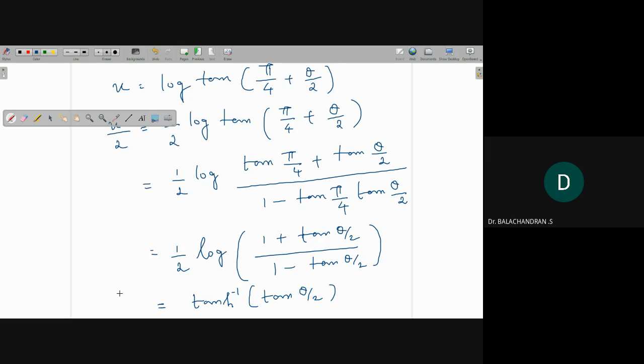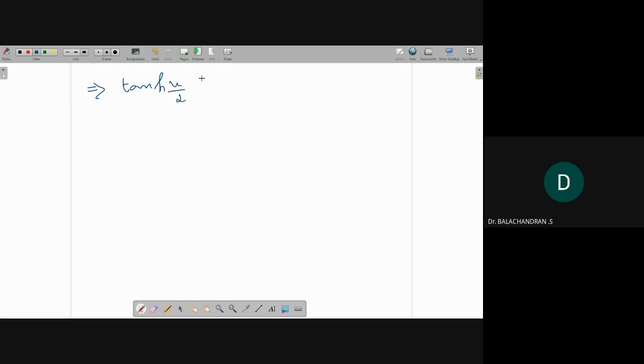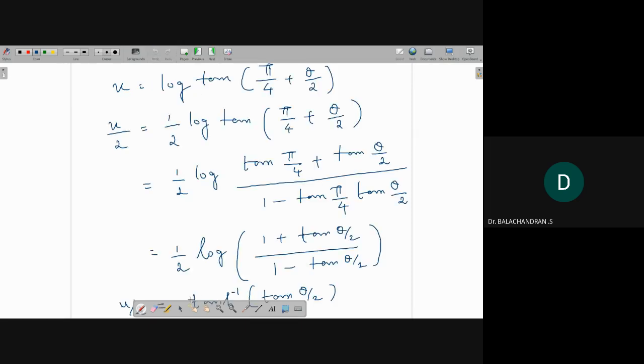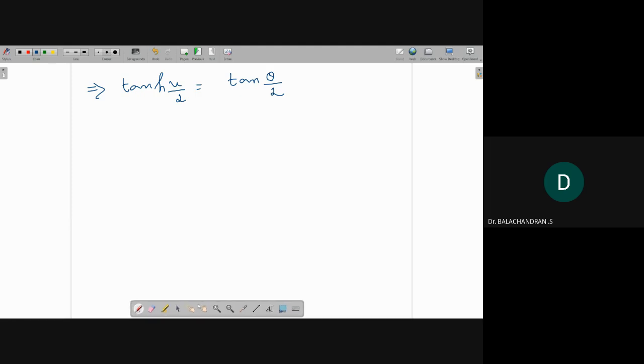The left hand side is U by 2. From this, tan h of U by 2 equal to tan theta by 2. Okay, so I think I proved the first part.